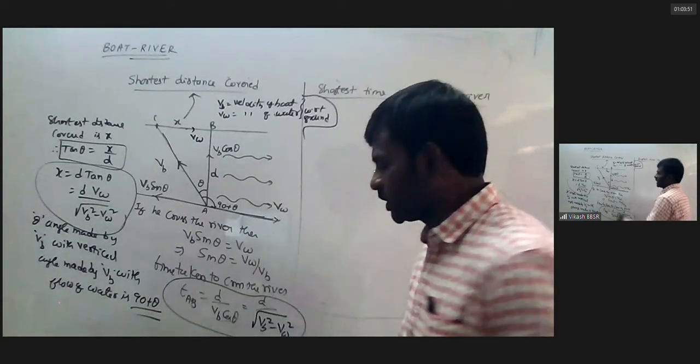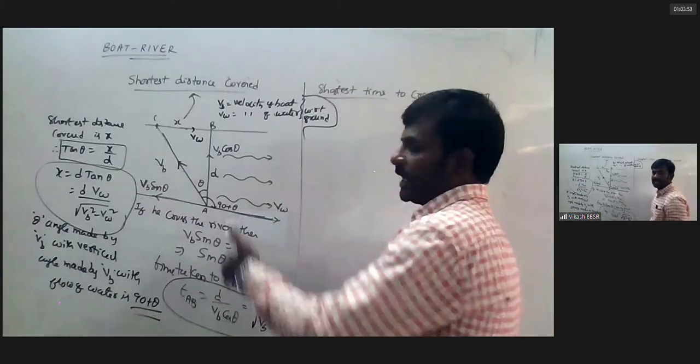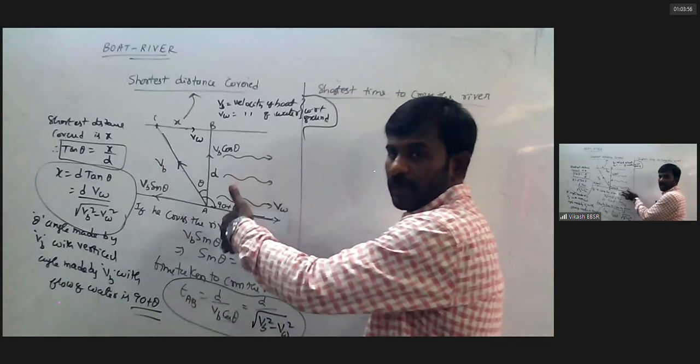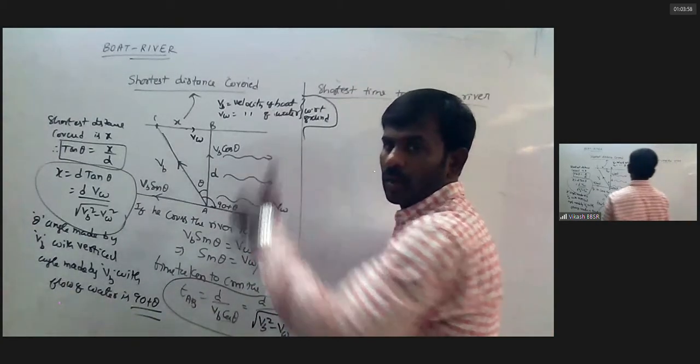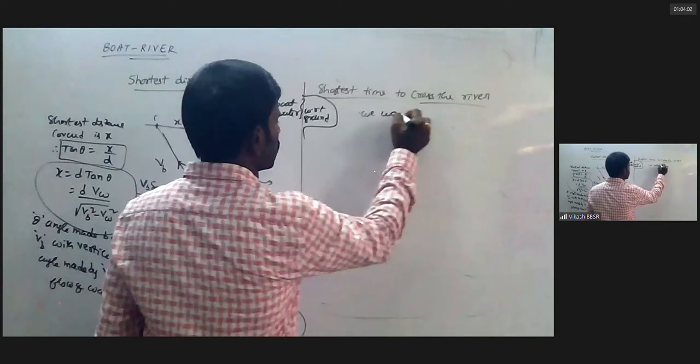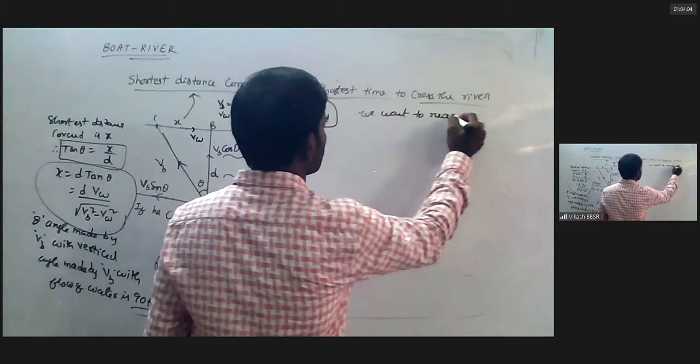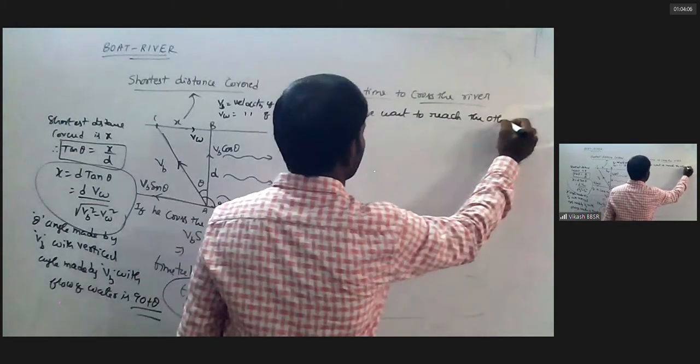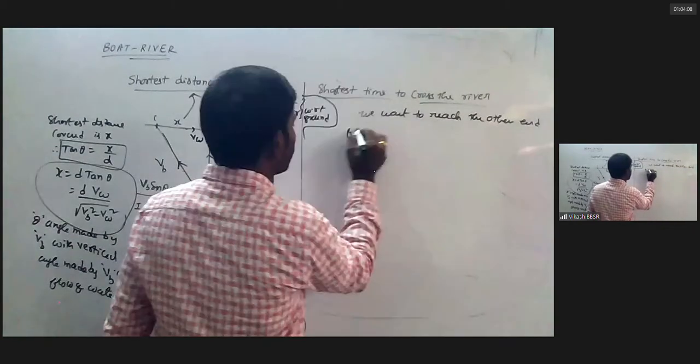Zero means it should be exactly perpendicular to this. We want to reach the other end of the river.